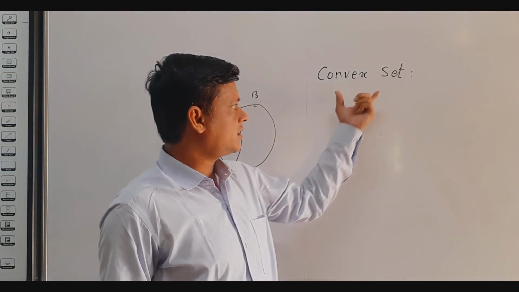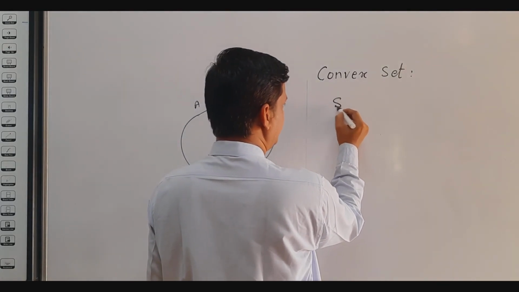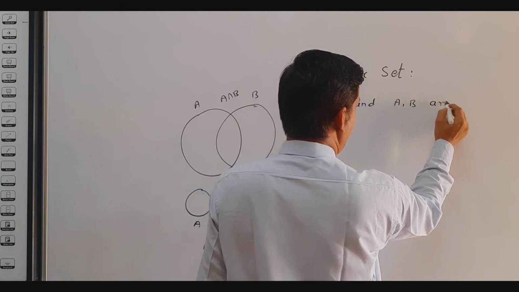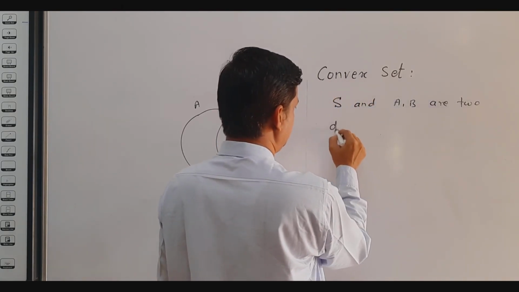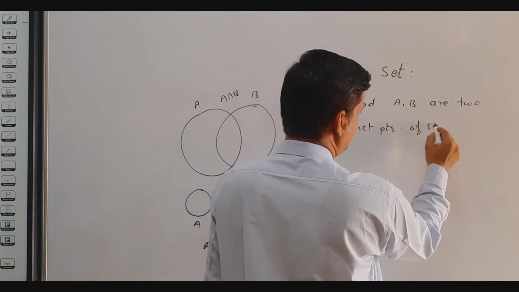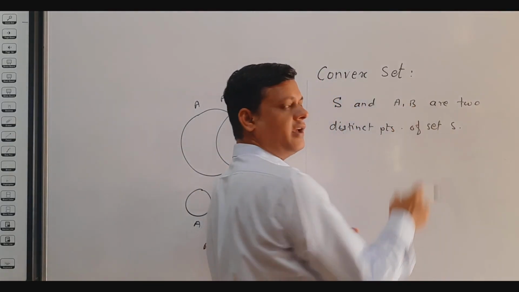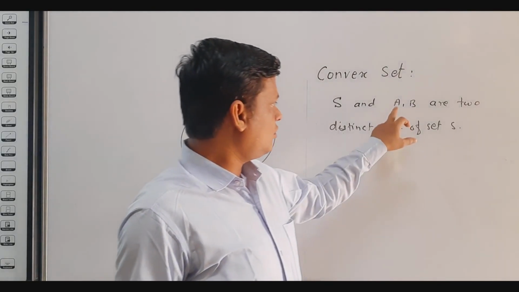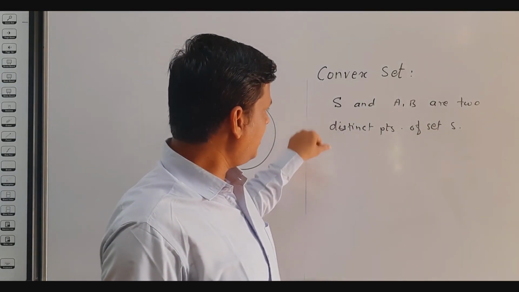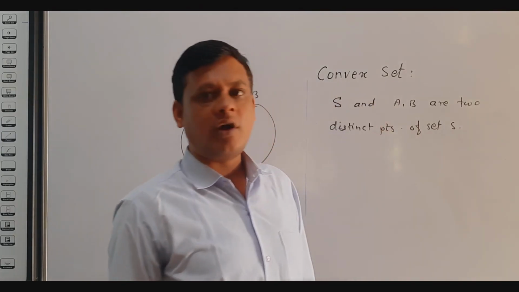Now here we have to discuss convex sets. If we consider a set S, and capital A, capital B are 2 distinct points of set S. Now when we join these 2 distinct points, if the segment joining these 2 points wholly lies in the set S, then we call that set a convex set.